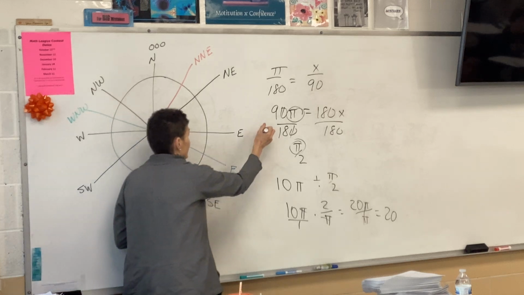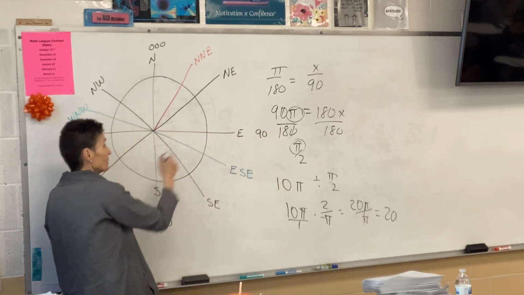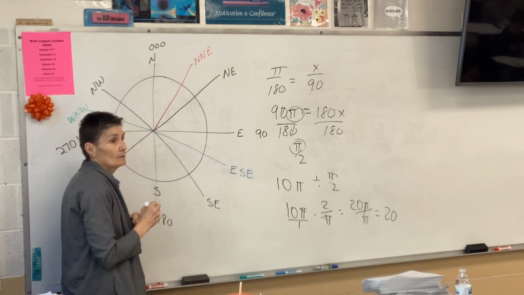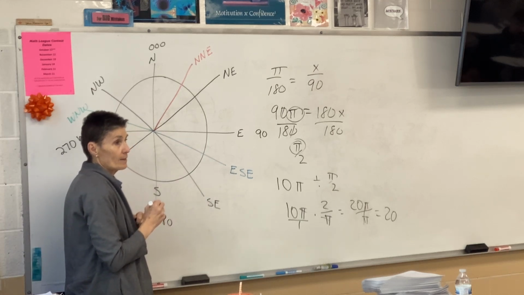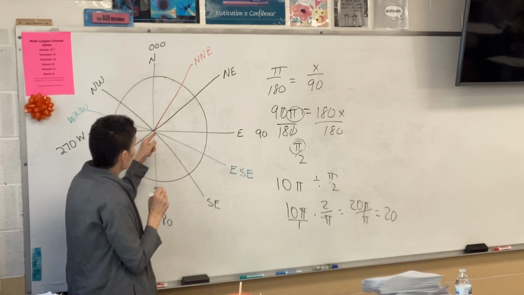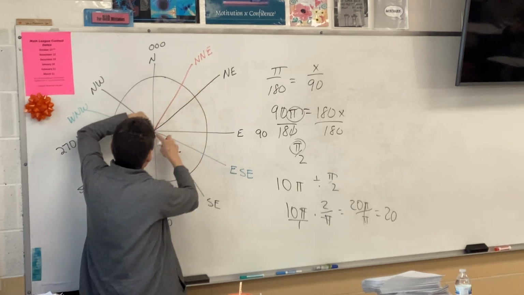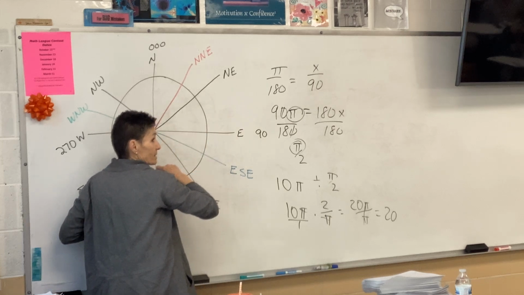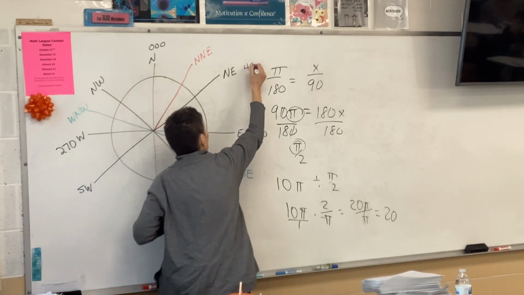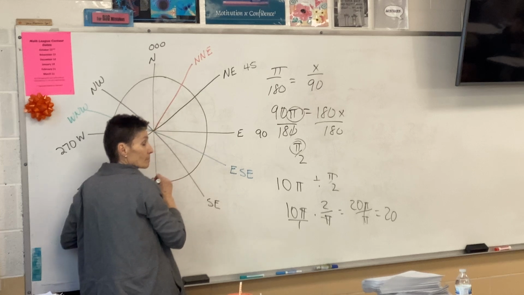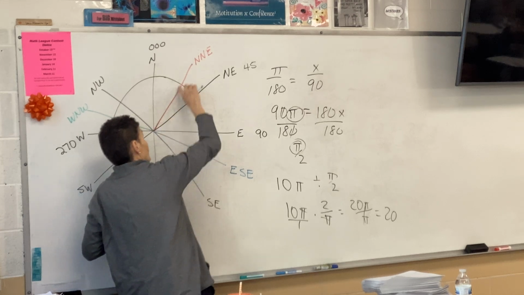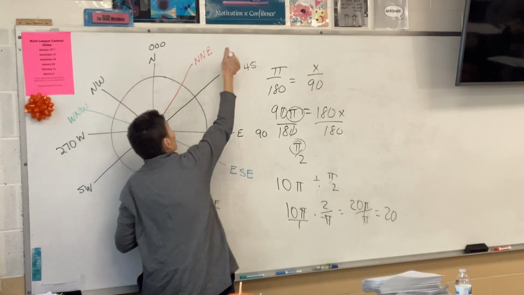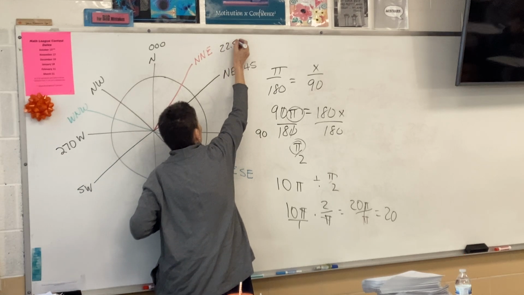Due east is 90, and west is 270. Okay? Now, remember our northeast line split this right here. So what's the measure for northeast? 45. This red line split that, so 22 and a half. Beautiful.